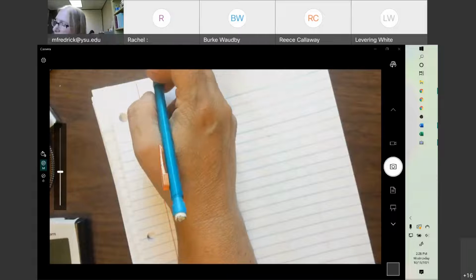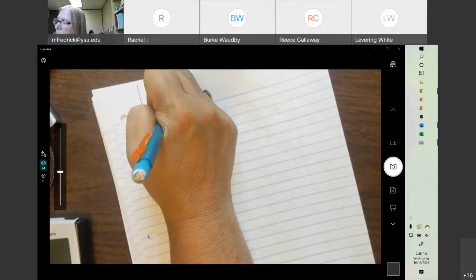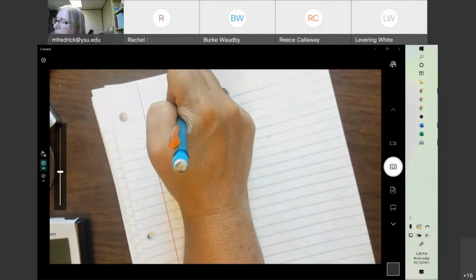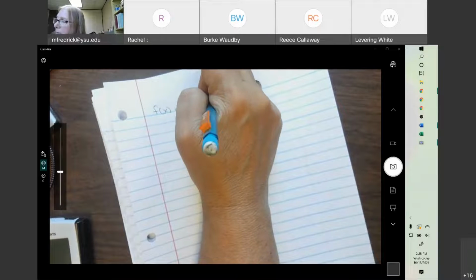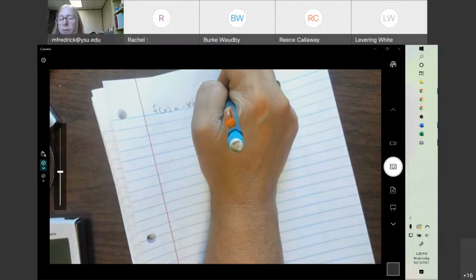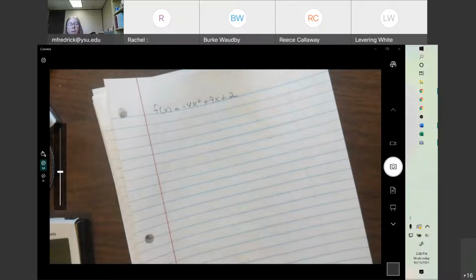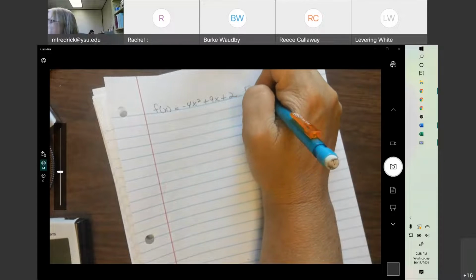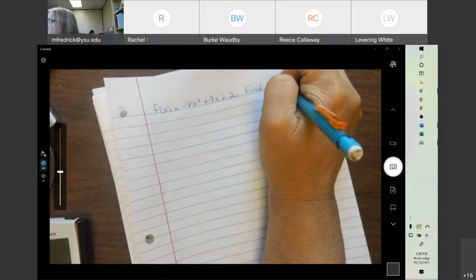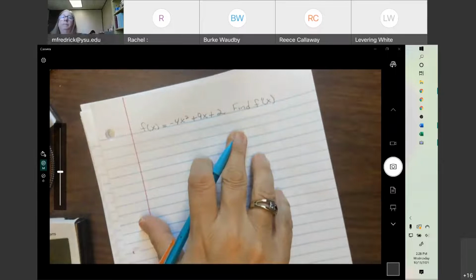So those are our 4 steps. Let's see, f of x equals a negative 4x squared plus 9x plus 2. And we want to find the derivative. And then we're going to plug some values in.